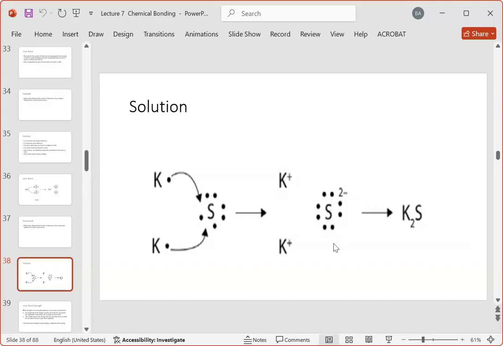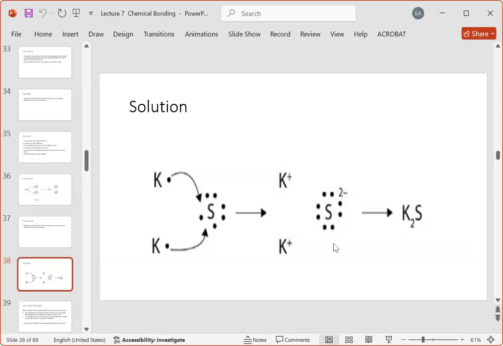So now you see the reason why, when we write chemical formulas, some have 2 atoms, some have 1 atom, some have 3 atoms. That's because they want to satisfy the octet rule.